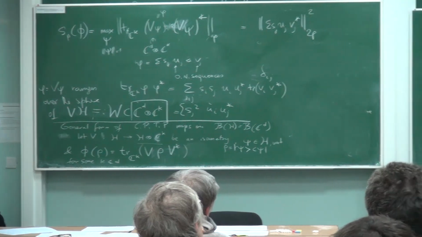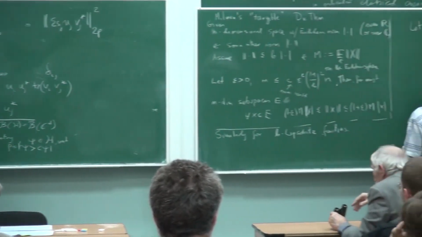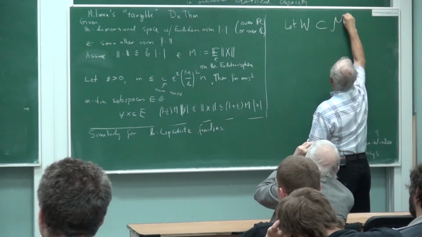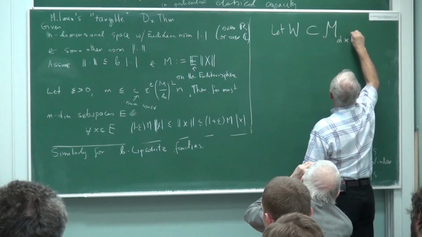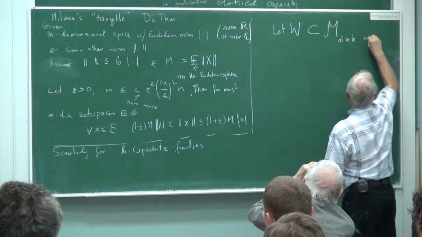Let W be a subspace of M, the D by K matrices.